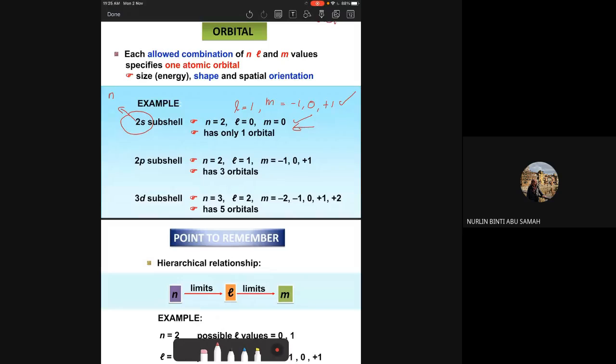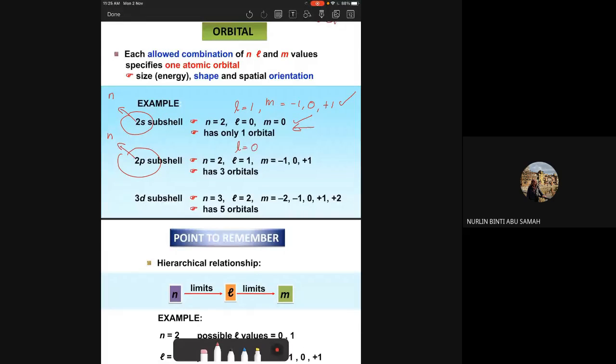Okay. So for 2p, the same thing. You have n equals 2. Like I said earlier, the number in front is the principal quantum number. l equals 1, and l also can represent 0.